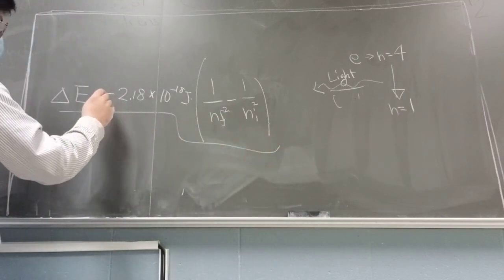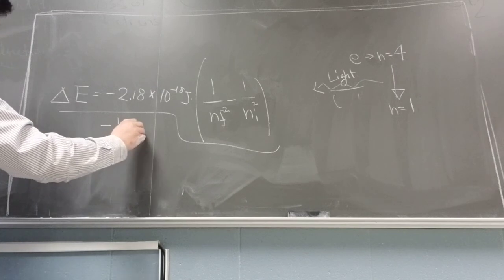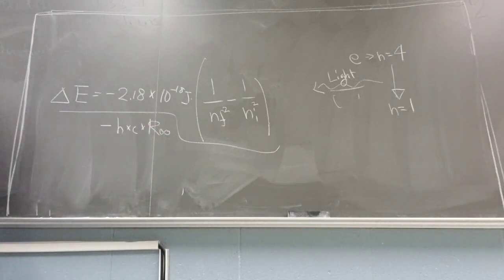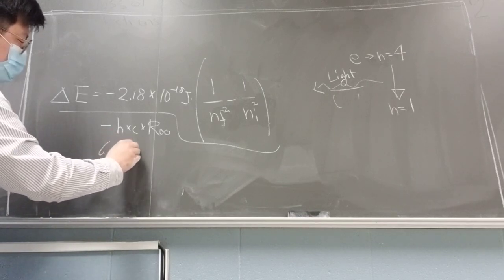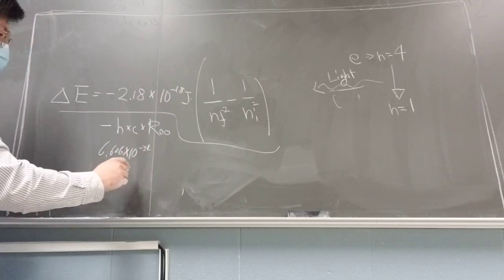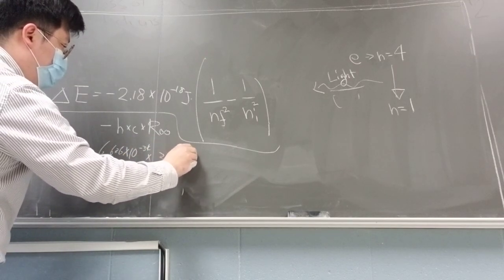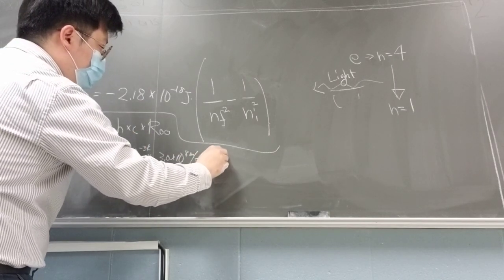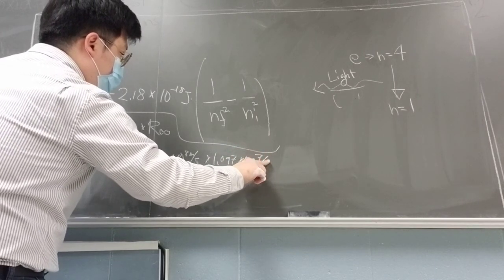This is simply negative Planck constant times speed of light times Rydberg constant. So this is about 6.626 times 10 to the negative 34 times 3 times 10 to the 8 meter per second. And the Rydberg constant is 1.097 times 10 to the 7 per meter.